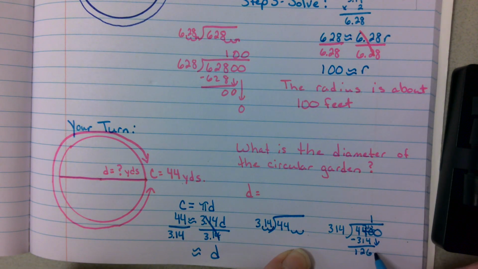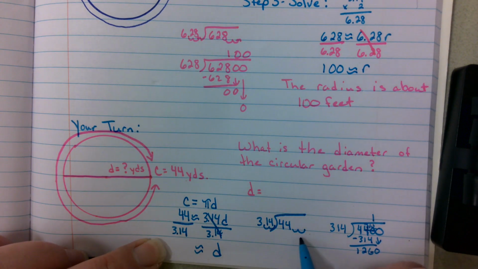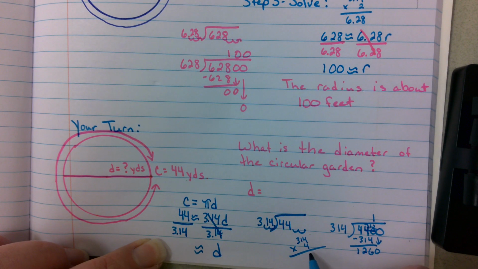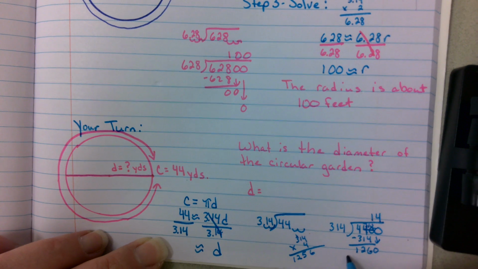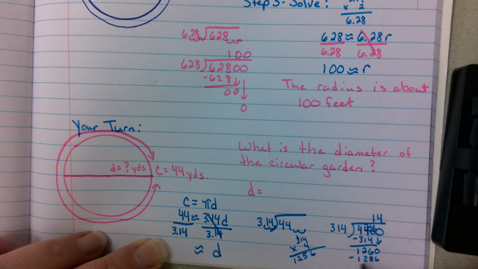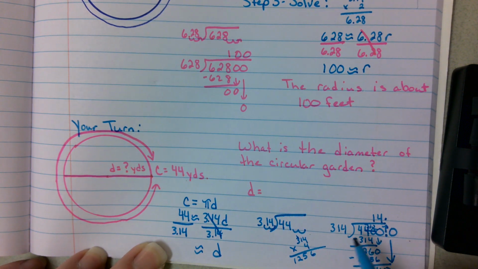I'm going to bring down my 0. Now I need to look and see 314, let's multiply that times 4. 16, 5, 12. That one works. Subtract 1256. I have 4 left. Add a decimal point, move it up, 0, move that down. 314 goes into 40 0 times.